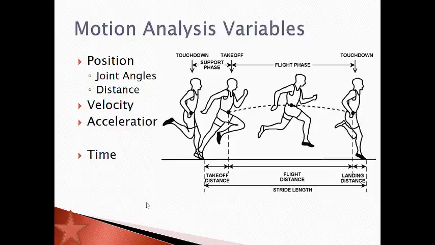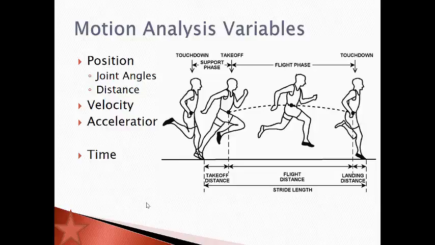Obviously, joint angles are quite important. When we talk about running, a lot of the time the angle of the feet and the knees is especially linked with injury. A lot of modern proposals talk about barefoot running, forefoot running, landing on the mid or the forefoot.